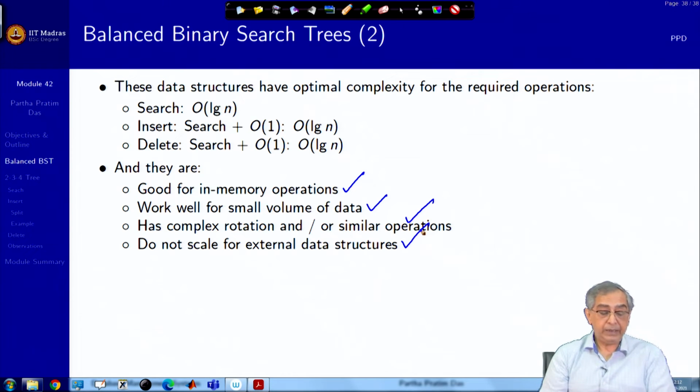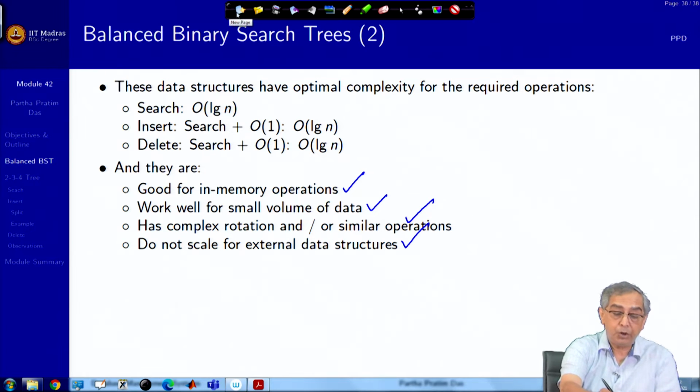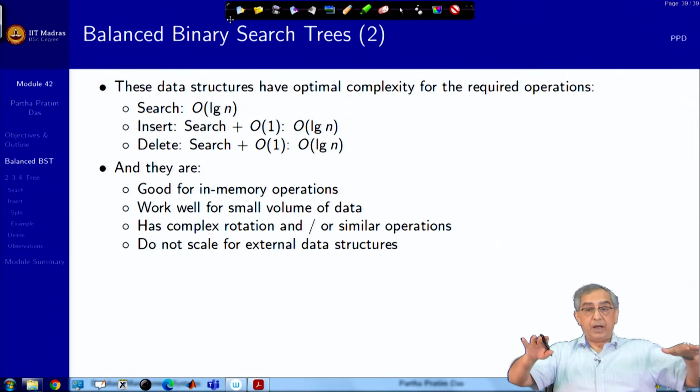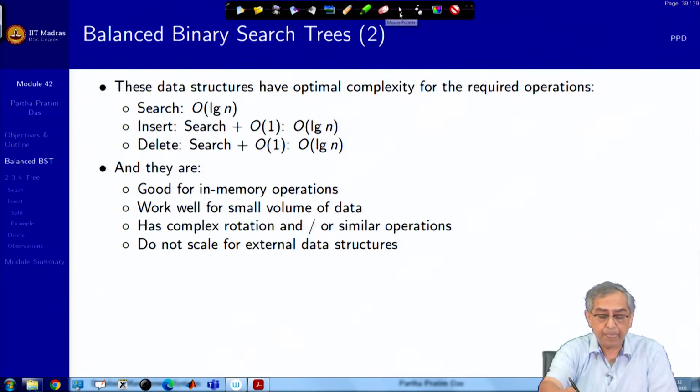Consequently, they do not scale, and they do not directly map to external data structures. So, this is the state of the art in terms of in-memory data structure algorithms, but it does not give you a solution for our database file structure or the database physical structure.